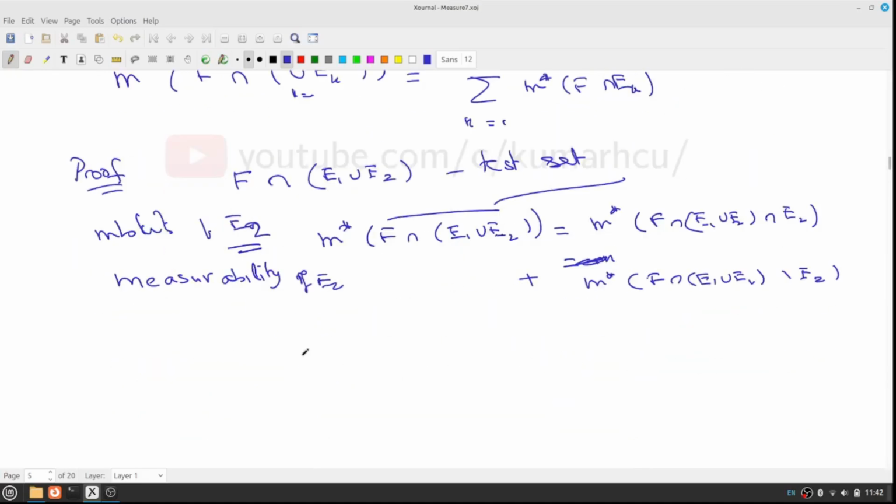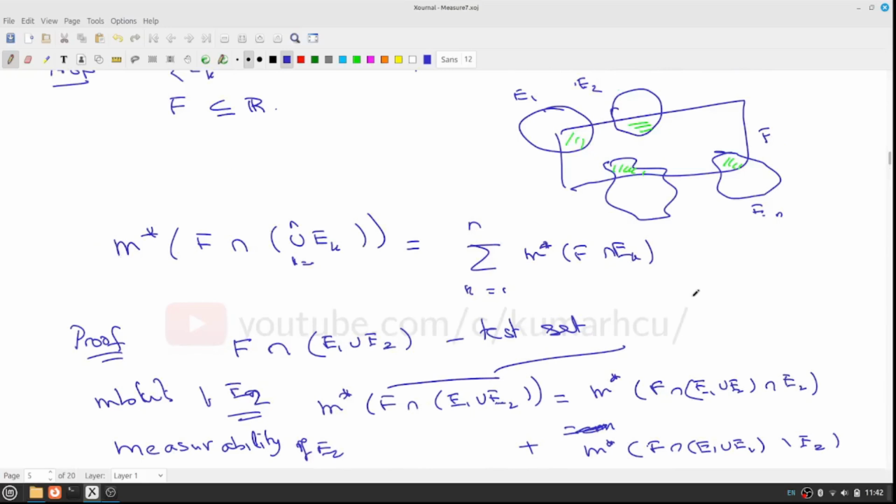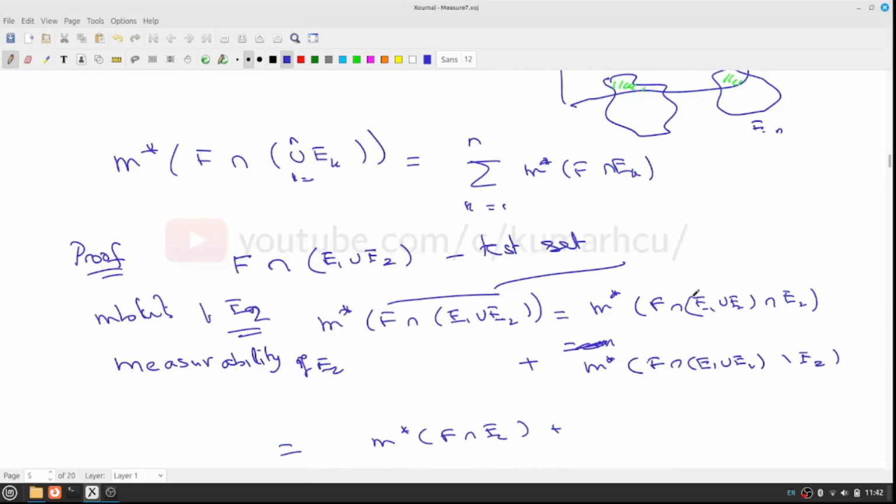Now let's look at what this is. This is going to be m star of F intersection E2, and from E1 union E2 you remove E2. What I am left with is m star of F intersection E1.